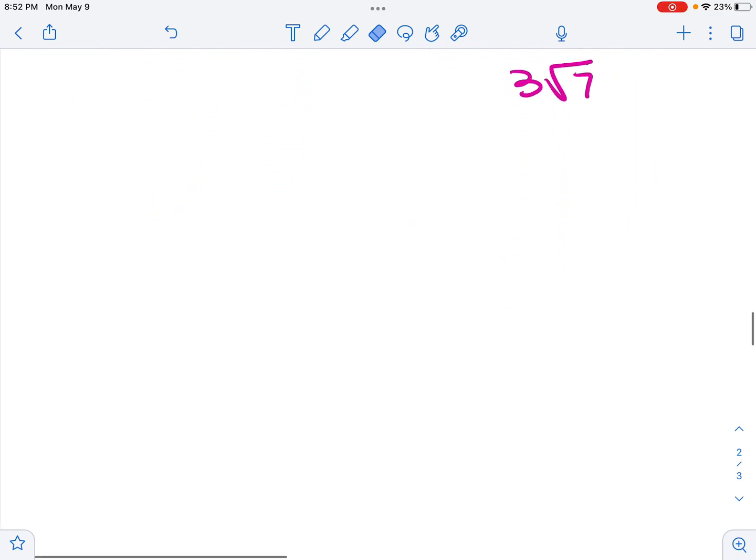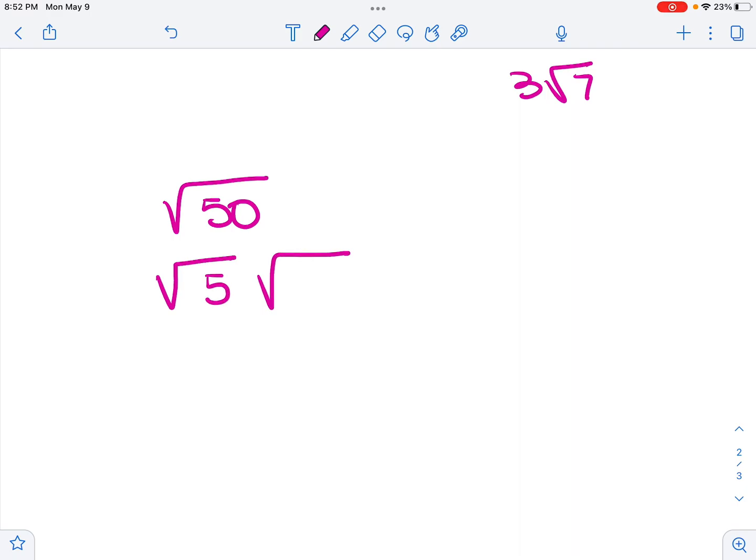Okay, and just as a little extra, again, if you've got a really big number here, you're like, I wonder what I can do with that. You pick 2 numbers that multiply. 5 times 10 is 50, but can we do anything with that? I don't know what the square root of 5 is, and I don't know what the square root of 10 is, so I'm going to pick 2 other numbers.